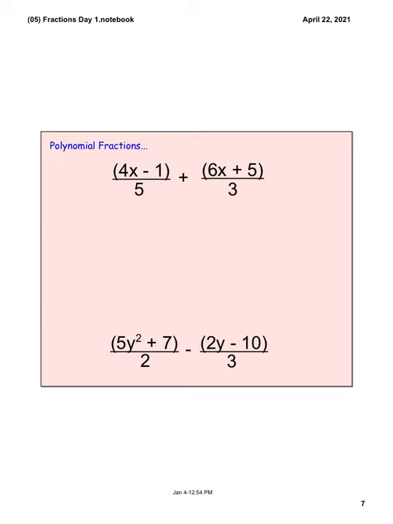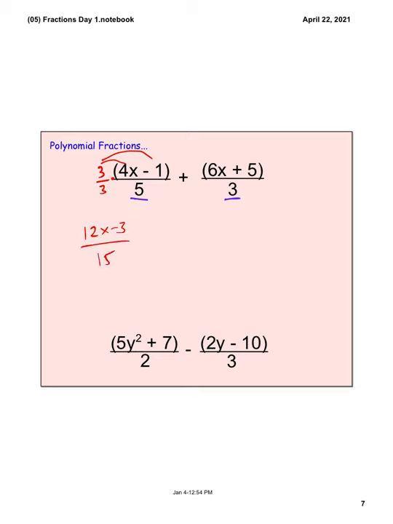A couple more here. Now we've got this situation where we do not have the common denominator. And again, how we manage this 5 and 3 is let's get these to a common denominator again. So similar to what we did previously, I'm going to take my left side and multiply it by this 3 over 3 so that we can again focus on getting that common denominator. So when we do that, that makes our left side here a 12x minus 3 over 15.